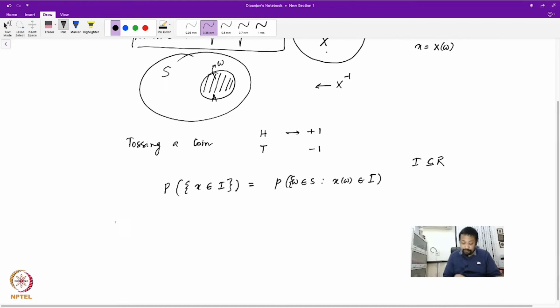Now for a continuous probability distribution, since this is a random variable which can take continuous values within the real line, the concept of the probability for a particular value of x is extremely difficult, right?